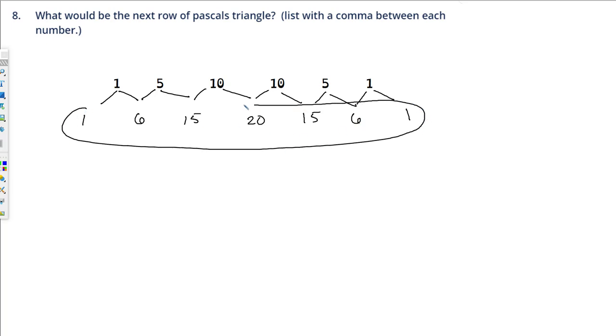That would be your answer. And then if you're doing it in the computer, don't forget to put them with a comma between them. On the test, that would be as far as you needed to go. On the test, I'm going to give you a row like this, and you're going to tell me the next row. I'm going to give you a hint. It's probably not going to be one that you'll include on your note card.